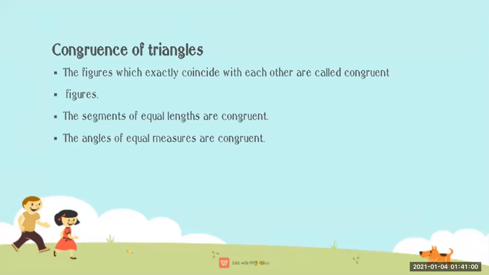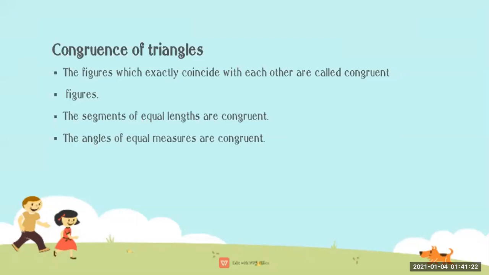The angles of equal measures are also congruent. For example, if there is one angle 70 degree and another angle is also 70 degree, that means the angle measures are same, it is congruent.